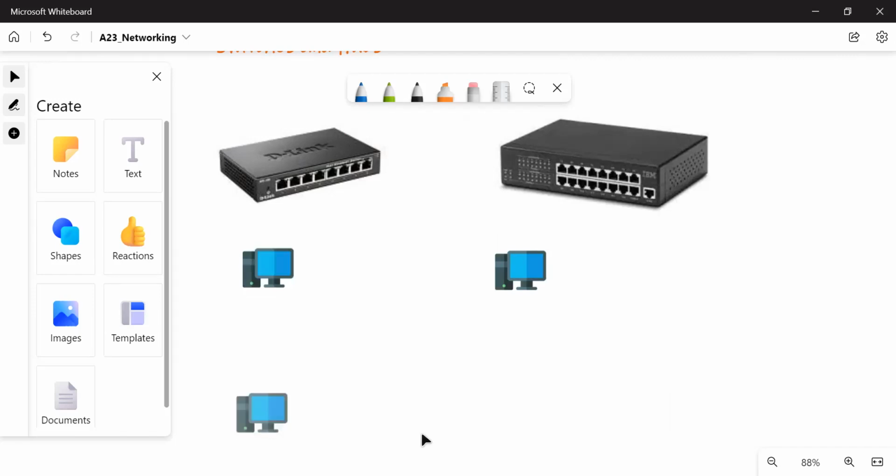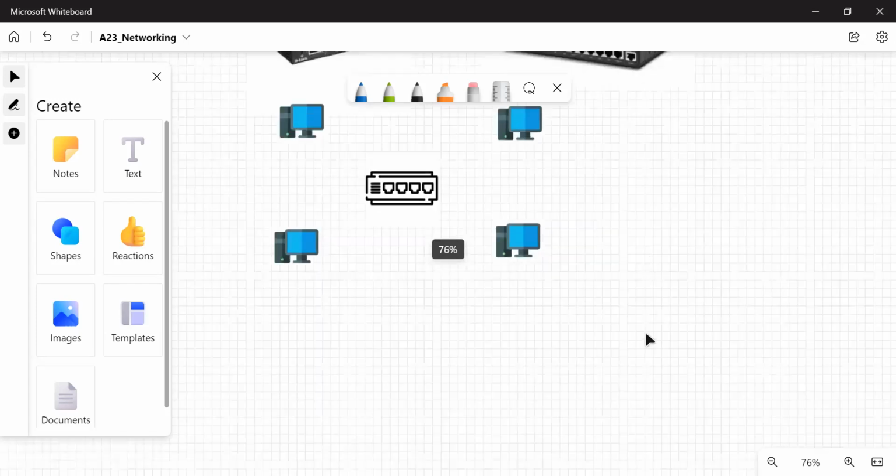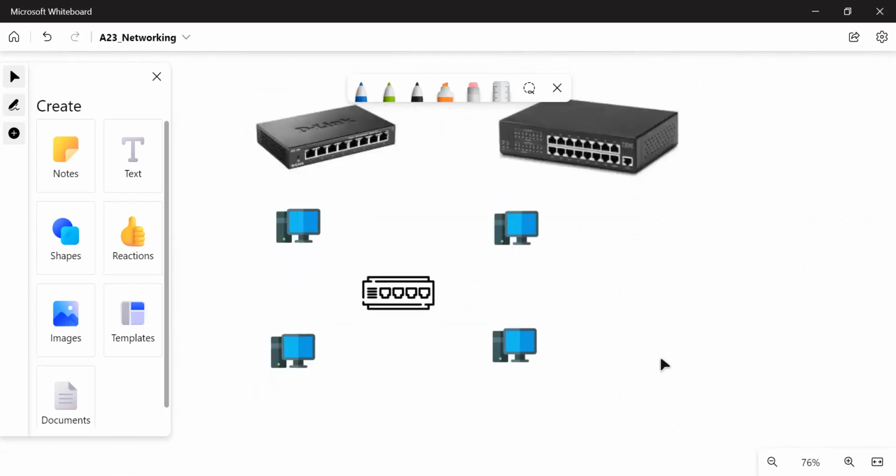Let's say we have a situation like this. And let's say we have a hub in between. So in the middle, let's say I have a hub. So this indicates a hub. So now what happens? Let's say I want to send a message from here to here.